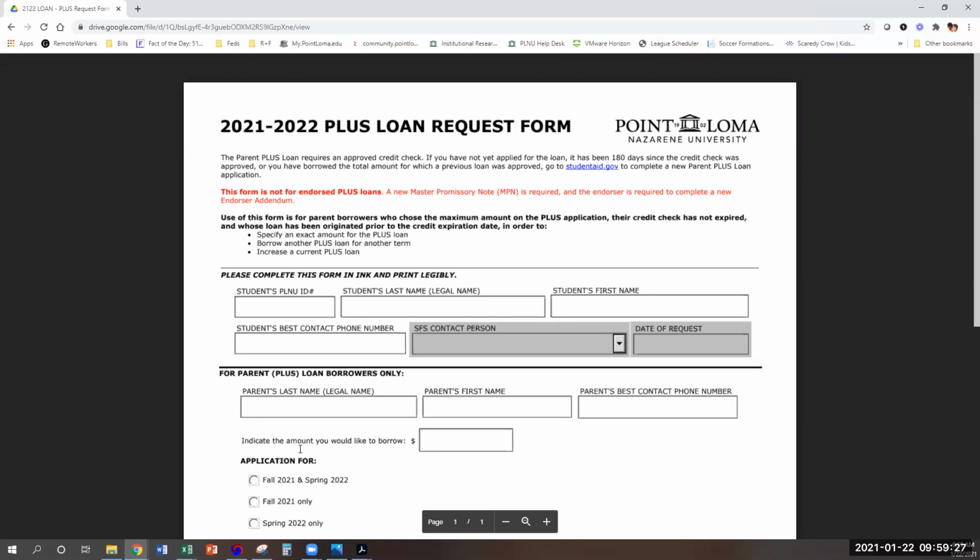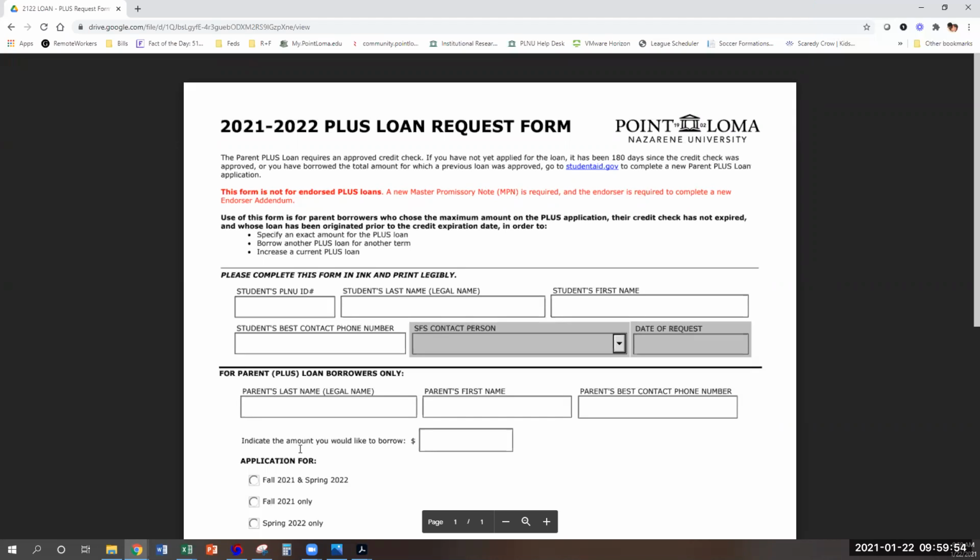Brad, when you're saying it's on the offer letter though, that's after this, right? No, it's before that. But also, when we send this form out to the parent, Stacy will indicate in the email this is the maximum that you could get. It's always indicated. But please contact your advisor to determine how much you should actually borrow.